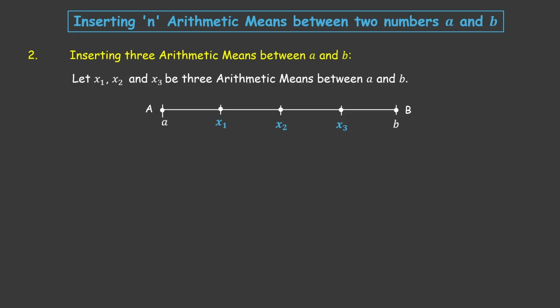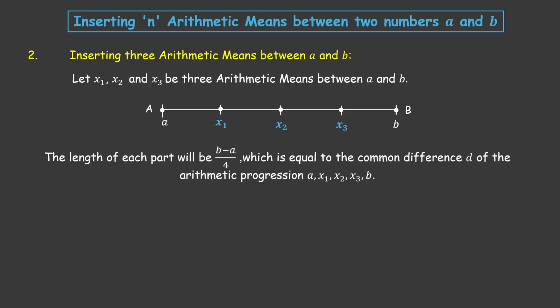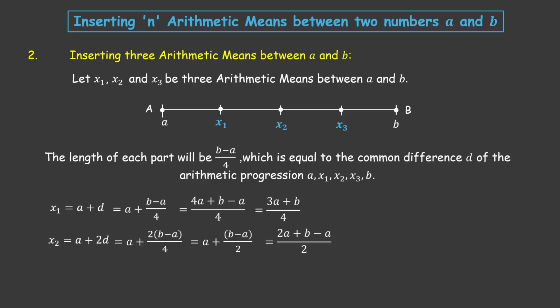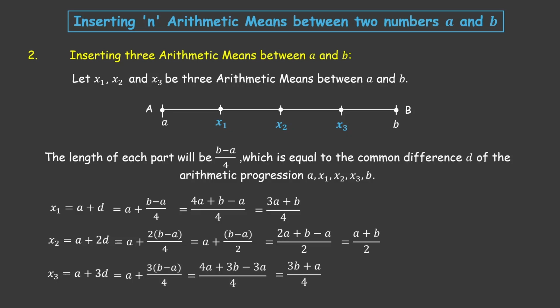Here, the length of each part is (b - a)/4, which is equal to the common difference of this AP as well. Let's find x1. That's a plus d, which is a + (b - a)/4. So this is (3a + b)/4. Similarly, we can find x2. That's (a + b)/2. And lastly, we have x3, which is (3b + a)/4.